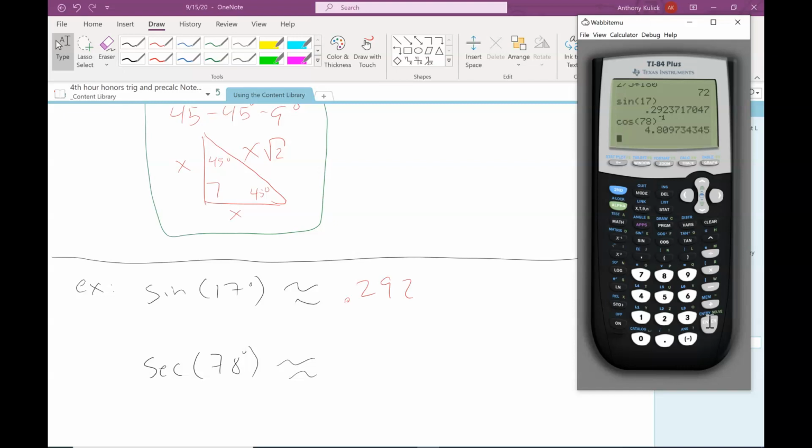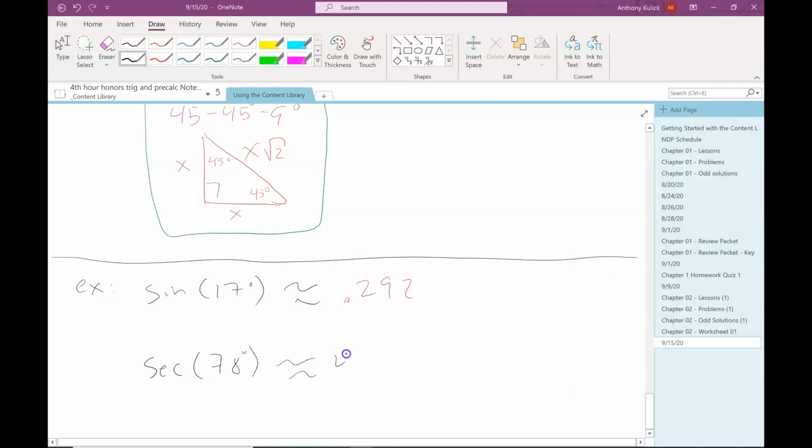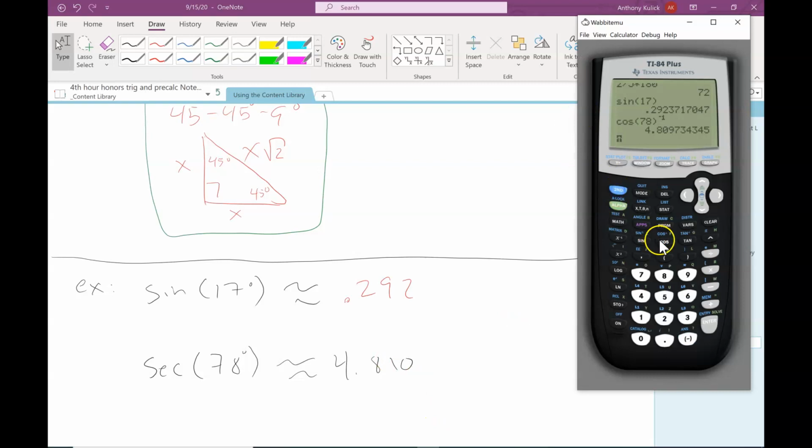So 4.810. Just to show you again, if I did cosine inverse of 78, not the same thing. If I do that, I get an error. So you've got to be careful about what it is you're doing there, that cosine inverse and the reciprocal of cosine are not the same thing.